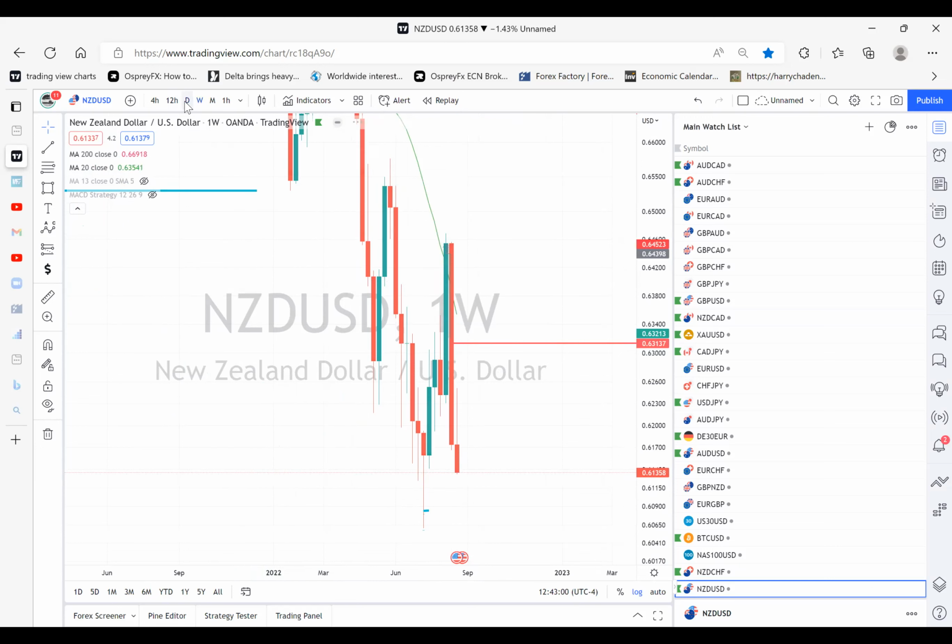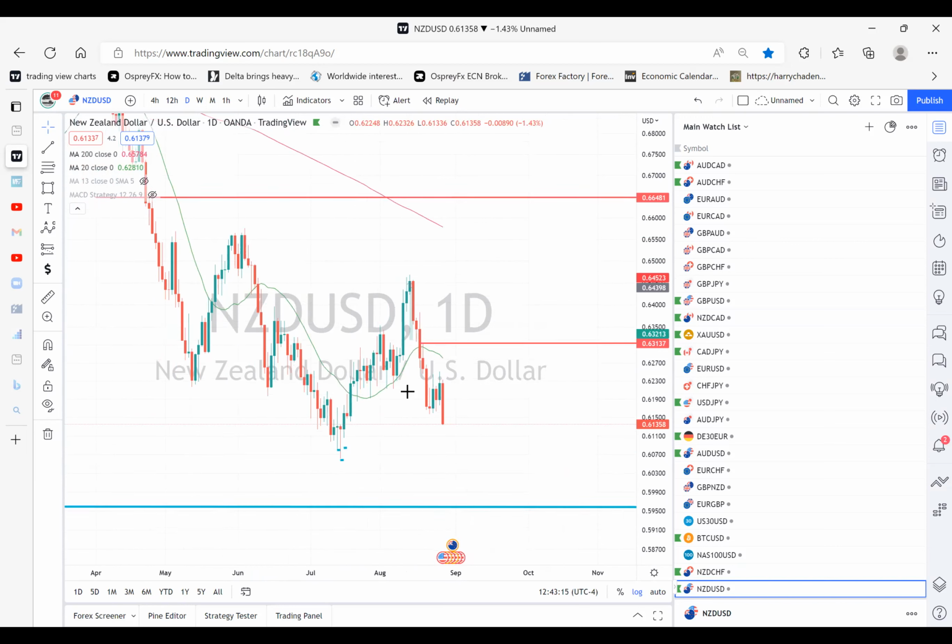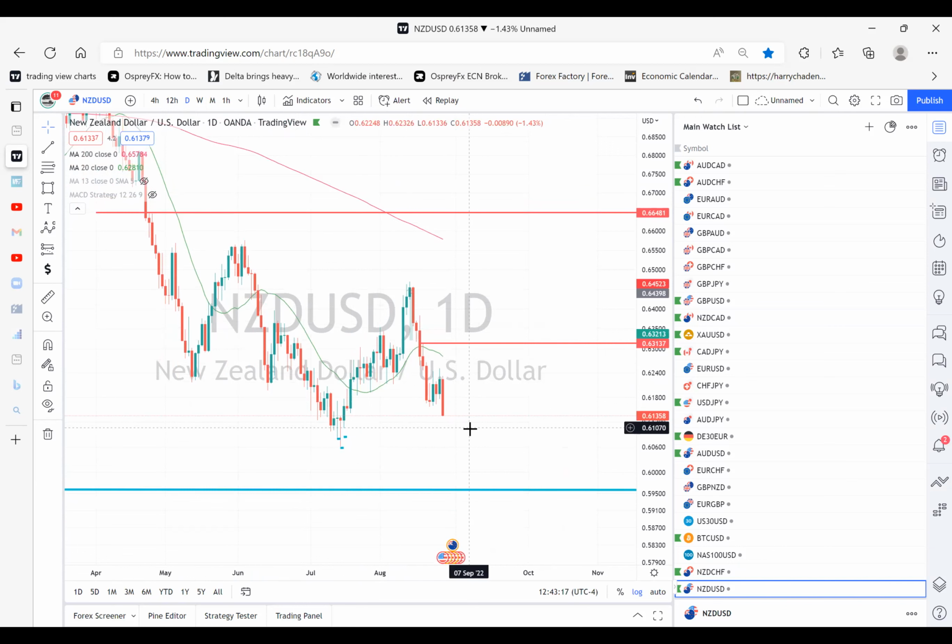So we're going to look for the same action. We got the daily chalk, the price to push back up and sell off. But yeah, one of these or two of these will be our trades.